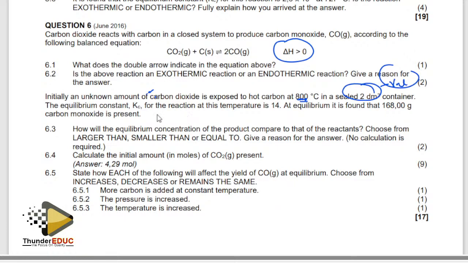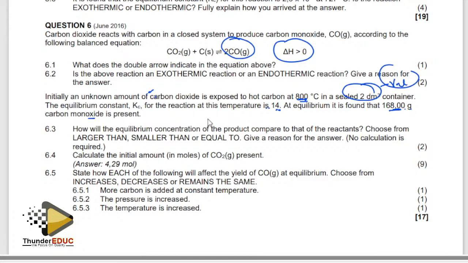Then they are saying that the equilibrium constant for the reaction at this temperature is equal to 14. At equilibrium, it was found that there were 180 grams of carbon monoxide. At equilibrium, you understand?